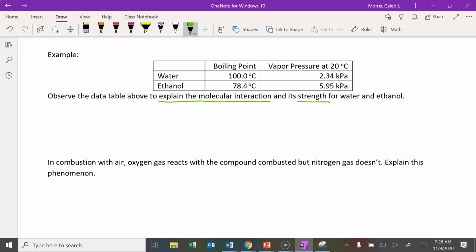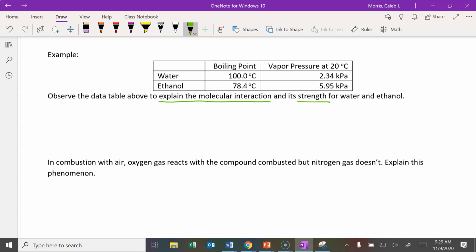Remember that vapor pressure is the pressure exerted by the vapor molecules within the substance at a given point. So if it's exerting less of a vapor pressure, that means those intermolecular forces are not being broken. It's not trying to spread out and form a different state of matter or to change into a gas.